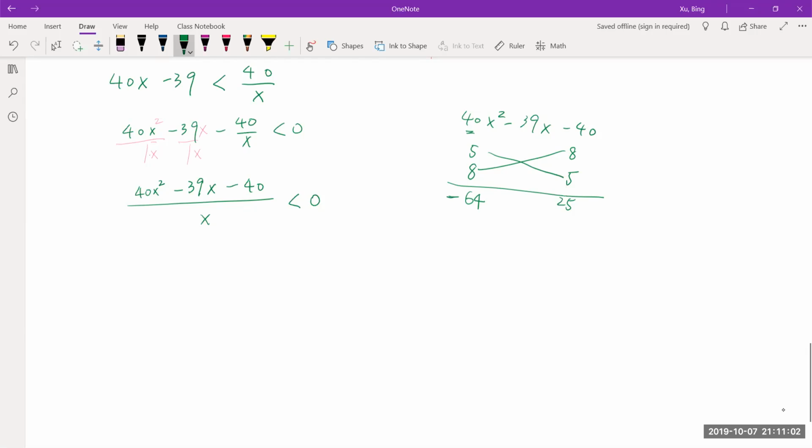That means the 64 is negative. 25 is positive. So trace it back. 8 times negative 8 will give me negative 64. And check over here: 5 times negative 8 is negative 40. Okay, this is the right combination. So I will factor the top as first row, 5x minus 8.